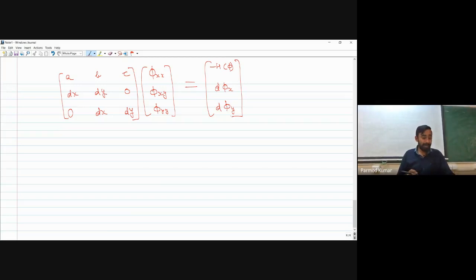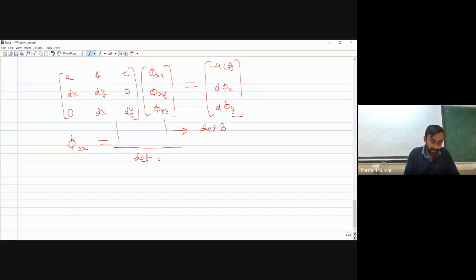So now we already know, if I have to determine the value of phi xx, what I'll be doing is taking the determinant of the matrix obtained by replacing the first column with these right hand side coefficients, which I have called determinant of matrix B, divided by the determinant of matrix A, if I call this my matrix A. Okay, and I have already told you that when the determinant of matrix A is equal to 0, that will make this differential term phi xx infinite.